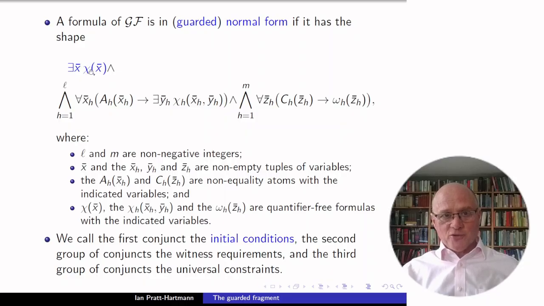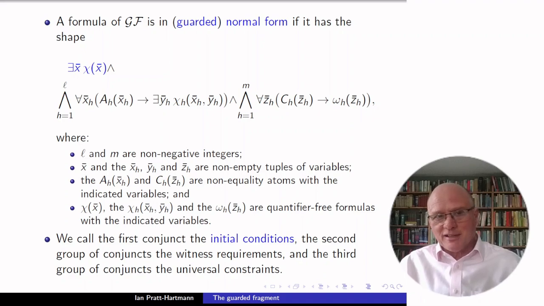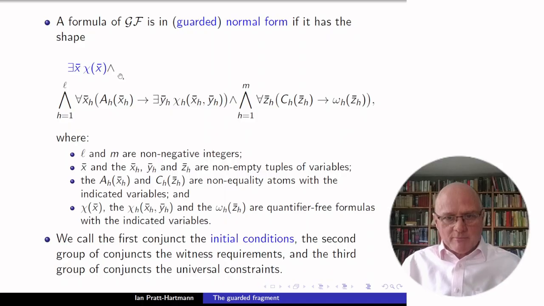Chi is just any old formula, but remember this whole formula is in the guarded fragment, so chi will have to have a guard in it. It will have to have the form of a conjunction, at least where there's more than one variable in this tuple x bar. I'll call this conjunct the initial conditions. It just says that some things exist.